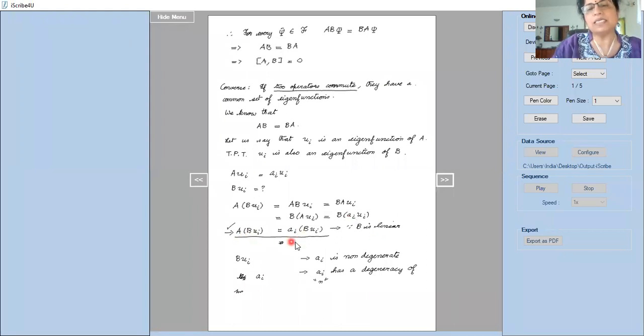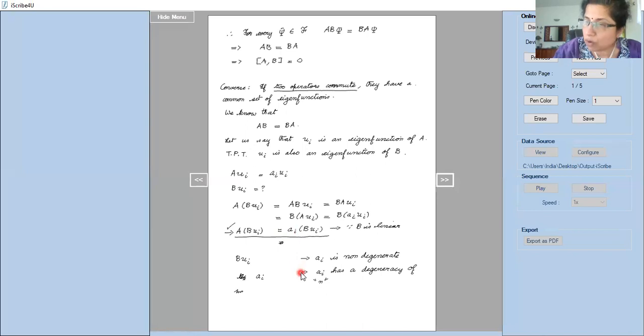Now, if we look at this statement carefully, we see that A operating on this function B of ui is the same as some number multiplying that same function B of ui. So in other words, B of ui is an eigenfunction of A. More so, it is an eigenfunction of A with the eigenvalue small ai.